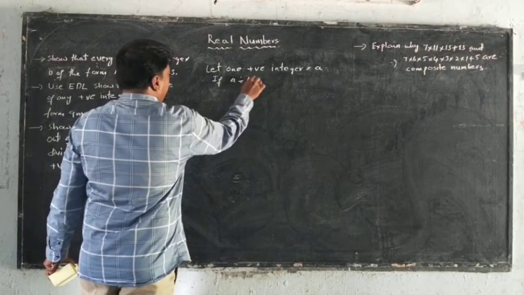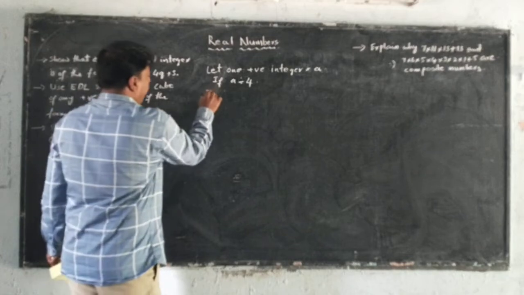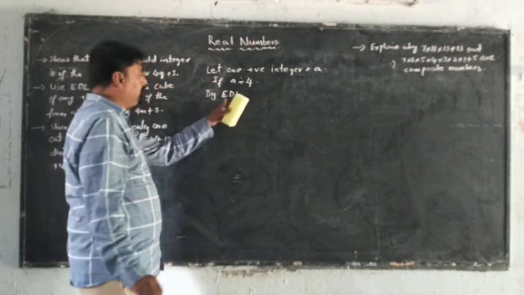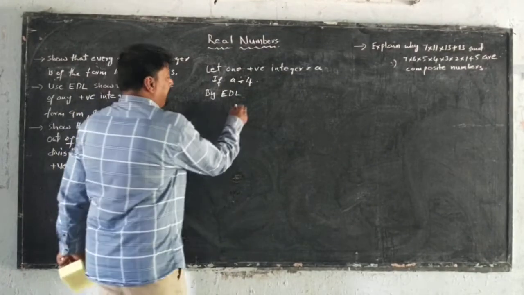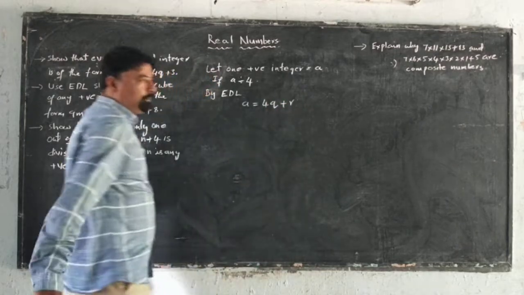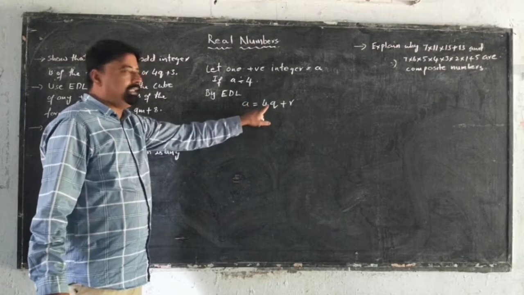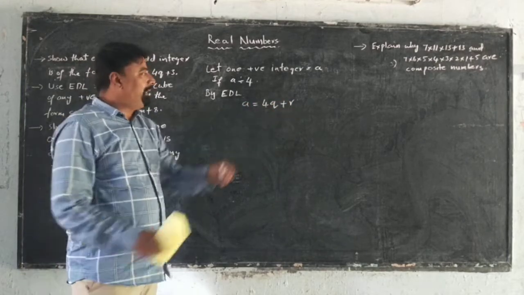If a is divided by 4, then by EDL, a = 4q + r. EDL means Euclid's division lemma. This is a very important statement: when a number is divided by 4, that number equals 4q + r, where q is the quotient and r is the remainder.